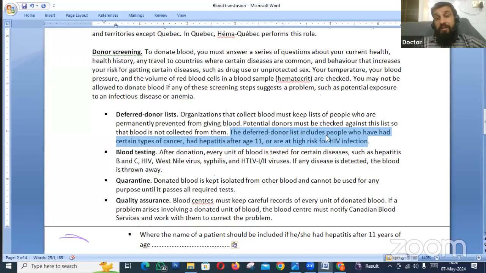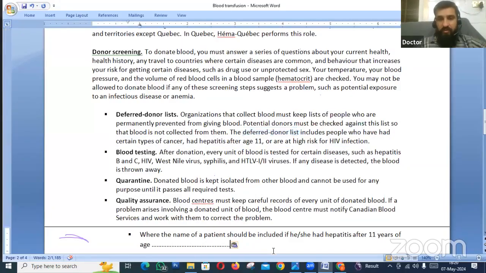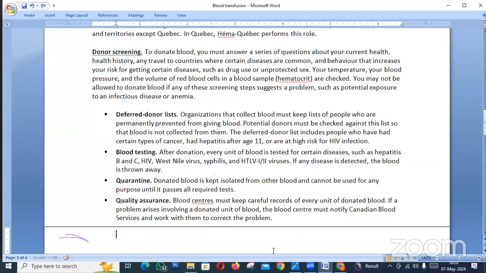The deferred donor list includes people who have had certain types of cancer, had hepatitis after 11 years of age, and are at high risk of HIV infection. Where should the name of a patient be included if he or she had hepatitis after 11 years of age? The answer is deferred donor list, okay? So here you should include the name of the patient if he had hepatitis.